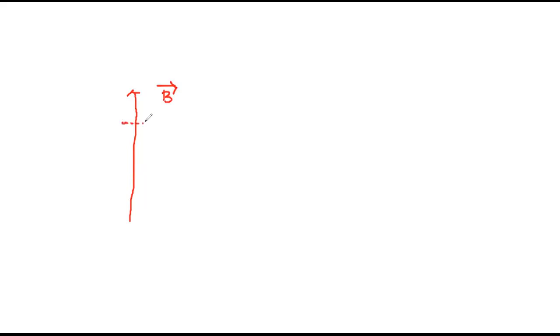Initially, it remains at rest in the direction of the field. This is called equilibrium position, because here torque will be mB sine 0, that is 0.